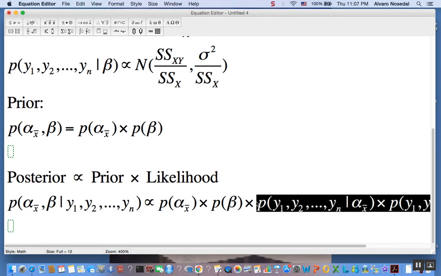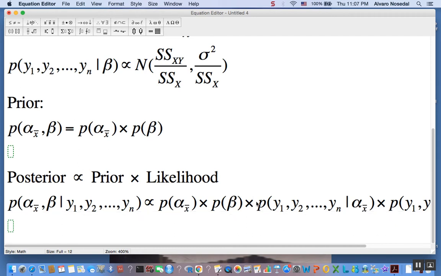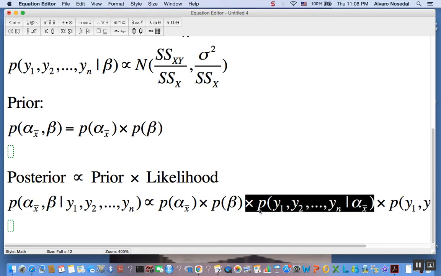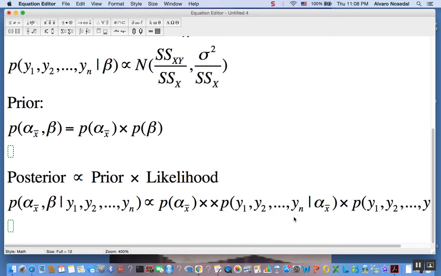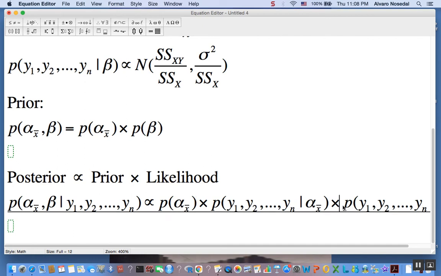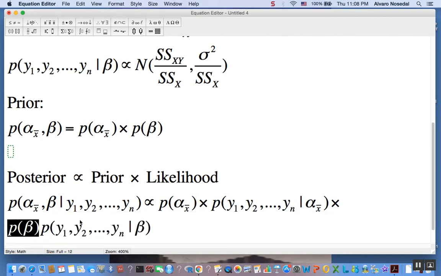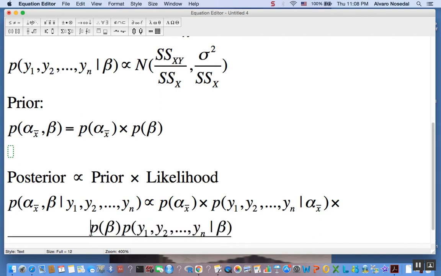So clearly, once we do the math, what we're going to have is the product of the marginal posteriors, because then it would be this times this, prior for alpha times the likelihood for alpha, and then we would have times this. Make sense?